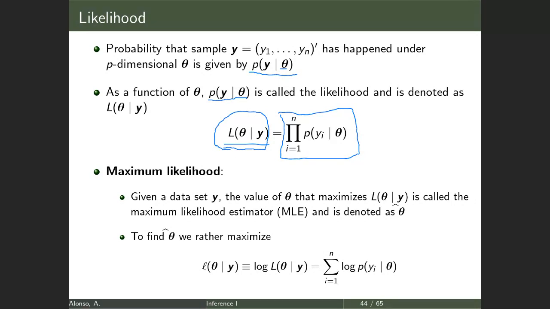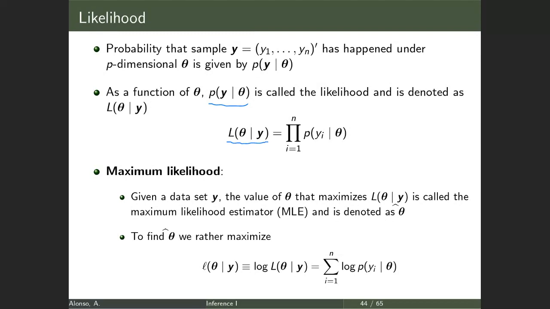It's the value of theta that maximizes the likelihood, the value of theta that maximizes the probability of observing the data. Now, this is now a mathematical problem. You have a function of theta, and you want to find the value of theta that maximizes this function. This is a completely mathematical problem now.